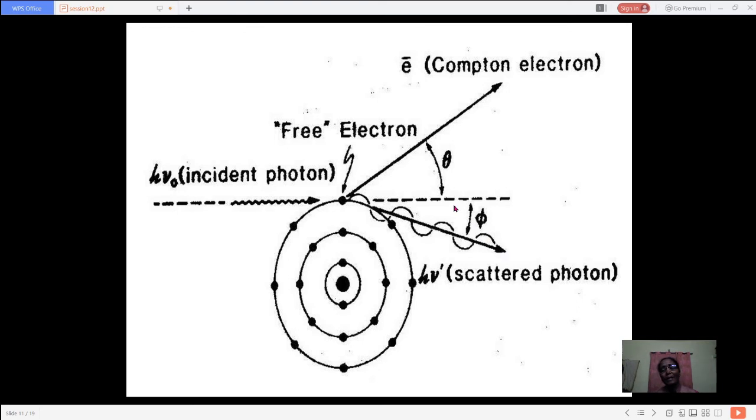The angle between the scattered photon and the direction of the incident photon is phi. The recoil electron goes in another direction, at an angle theta with respect to the incident direction.